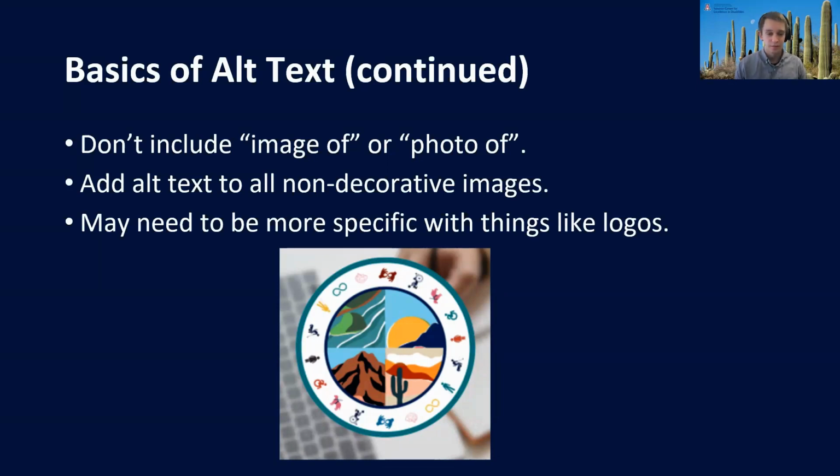So for example, below I've put the logo of the Sonoran Center's Circle for Indigenous Empowerment. For the alt text, you wouldn't simply write the logo for the Circle of Indigenous Empowerment. You would write that and also add a circle divided into 4 quadrants showing desert landscapes and surrounded by disability accessibility icons. Next slide, please.